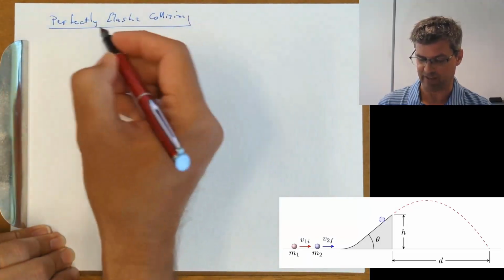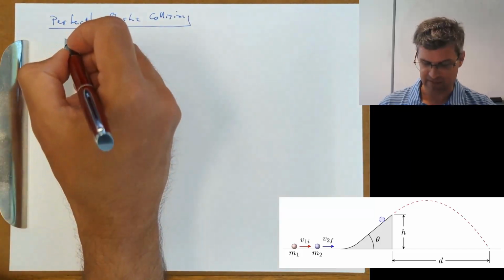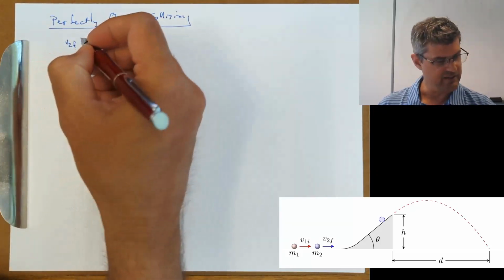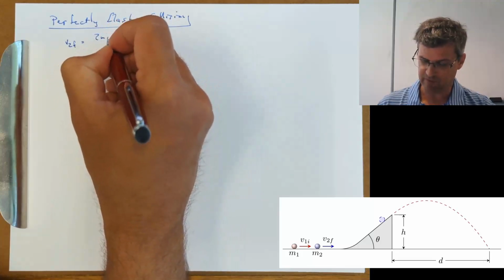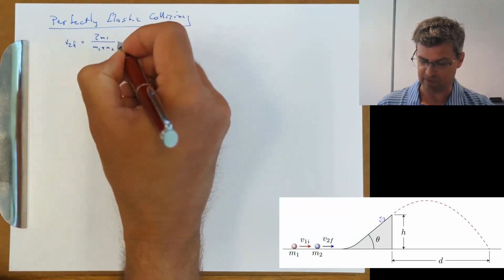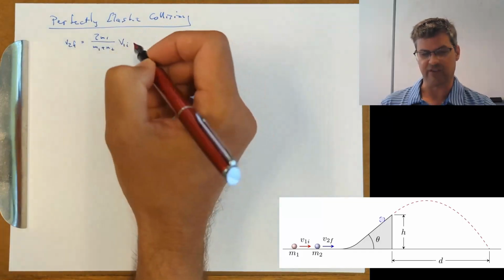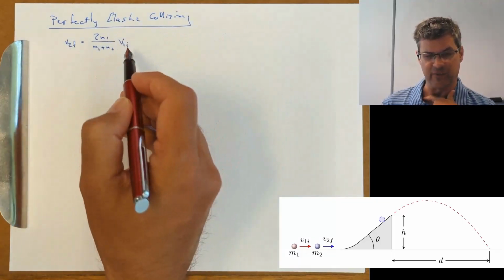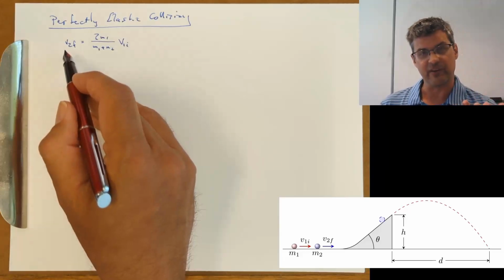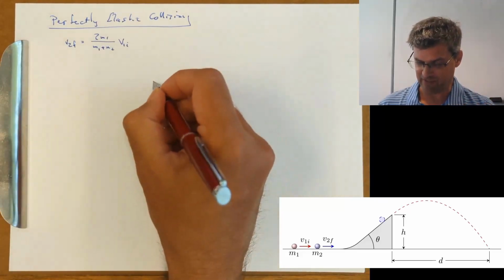Which is also allowed. And this tells me that v2 final is going to be equal to 2m1 over m1 plus m2 times v1 initial. So if you gave me what v1 initial was, I'll tell you what v2 final is. But from here, we also have conservation of energy.